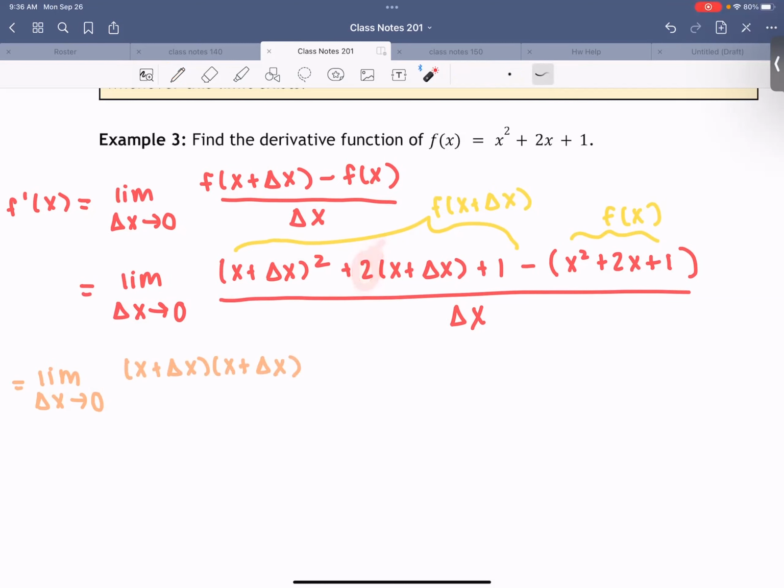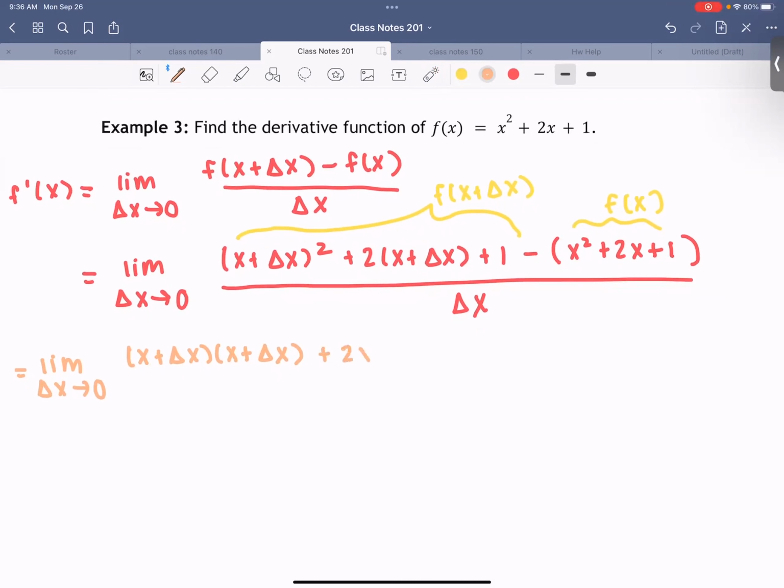That one's the one we distribute. When we multiply by a number, we can distribute it. Exponents don't get distributed. So we have plus 2x plus 2 delta x plus 1. And since I have a minus sign and a parentheses, let's just distribute that negative around. So we have minus x squared minus 2x minus 1 all over delta x. Are we good so far? Good.